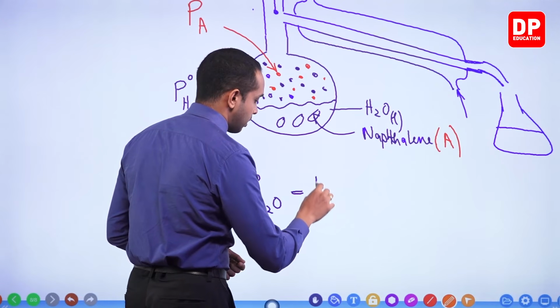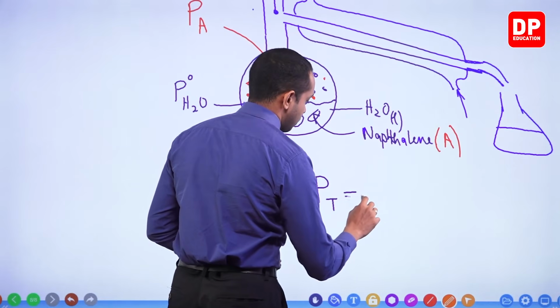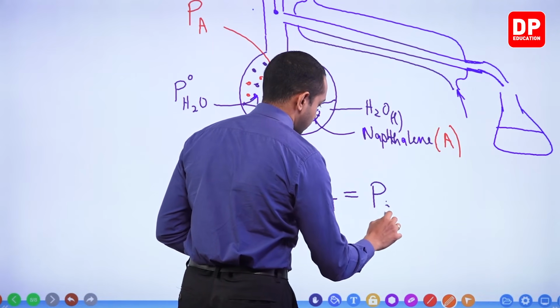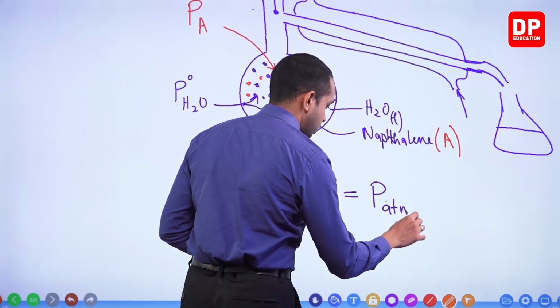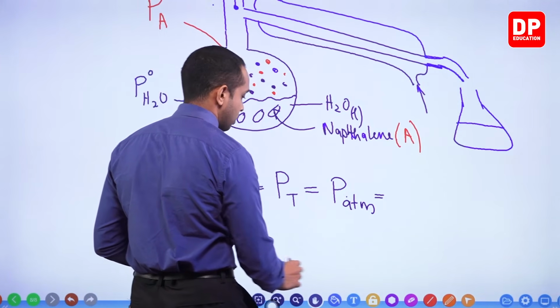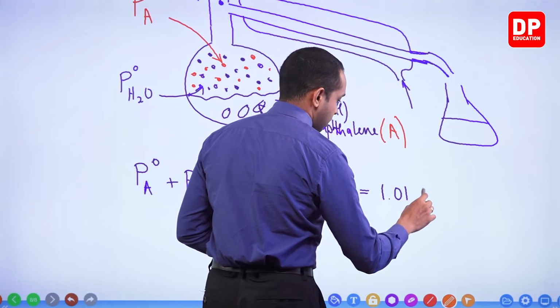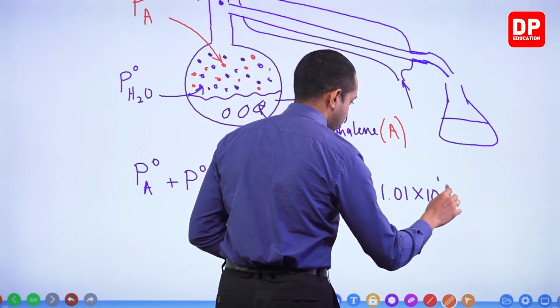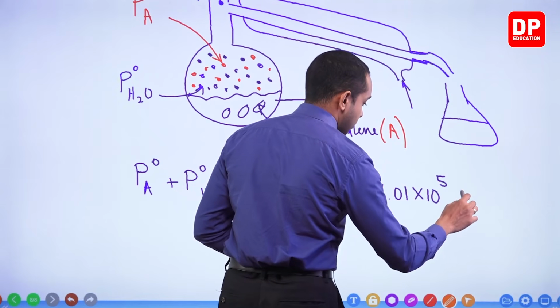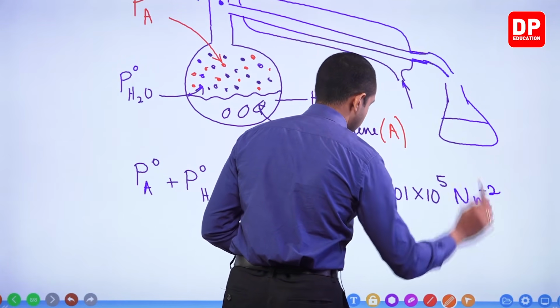So we'll first say it is referred to as the total pressure, and the total pressure should be equal to atmospheric pressure, P ATM, which they have given as 1.01 into 10 to the power 5 Newton per meter square.